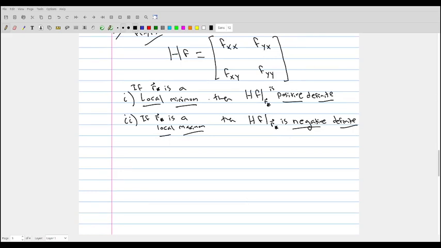And then the only other possibilities, if the Hessian matrix is not positive definite or negative definite, is that R star could be what's called a saddle point.